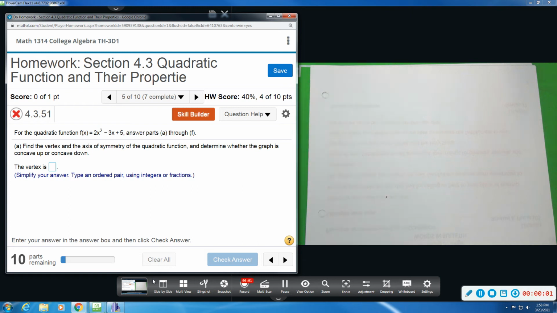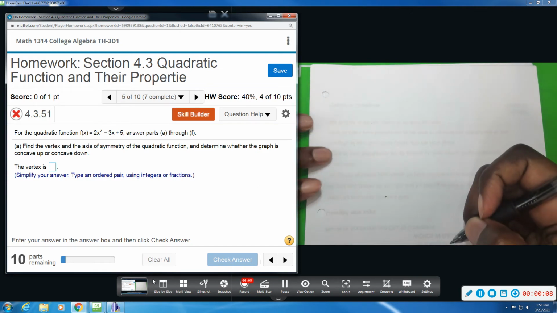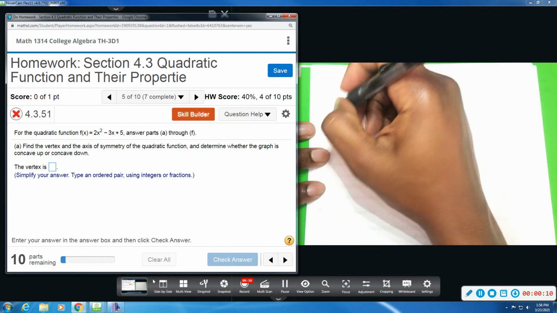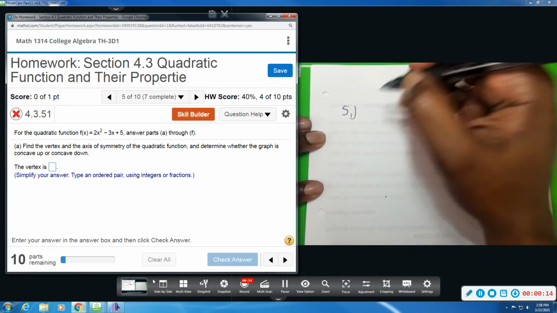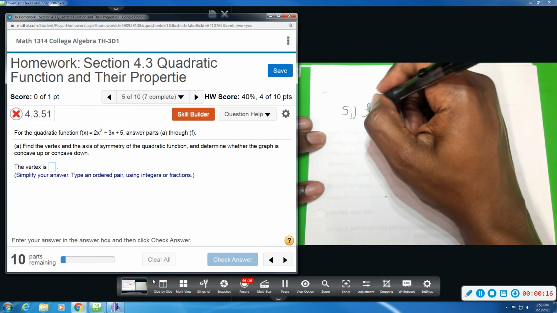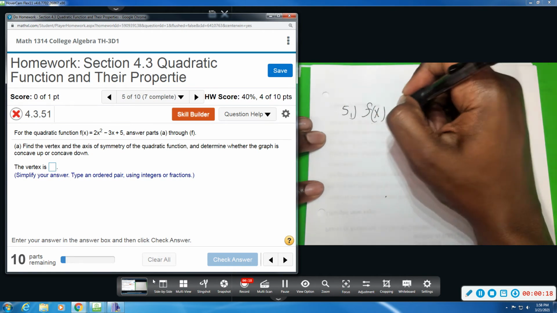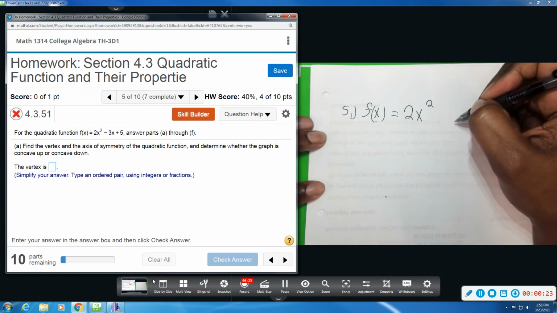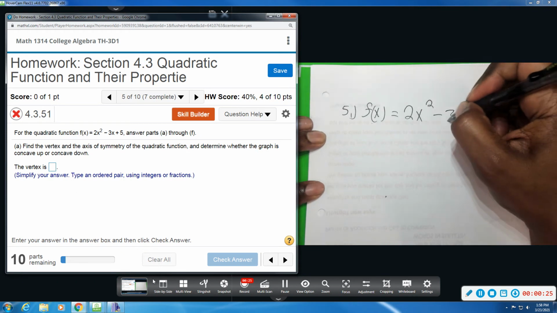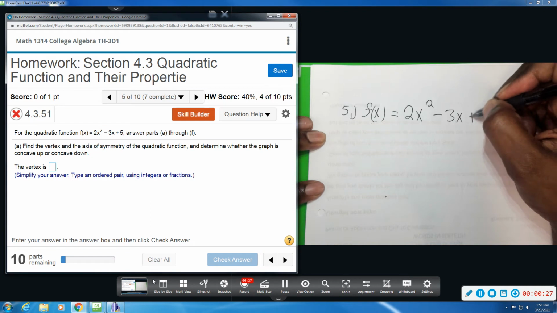All right, number 5, we have a total of 11 parts here. This time we're given the equation in standard form, and we want to find several things to do with this equation. So we have f of x equals 2x squared minus 3x plus 5.